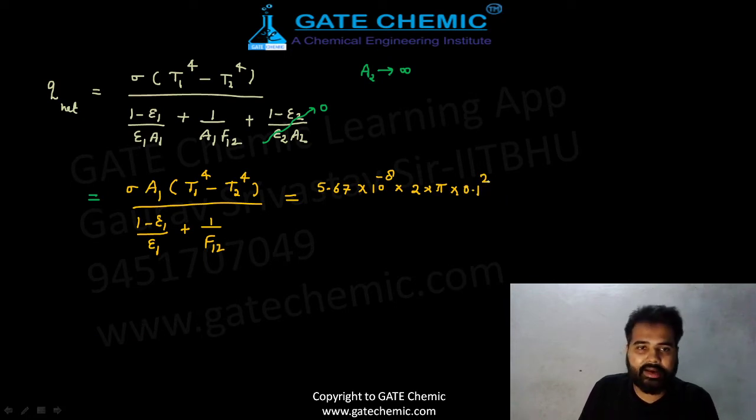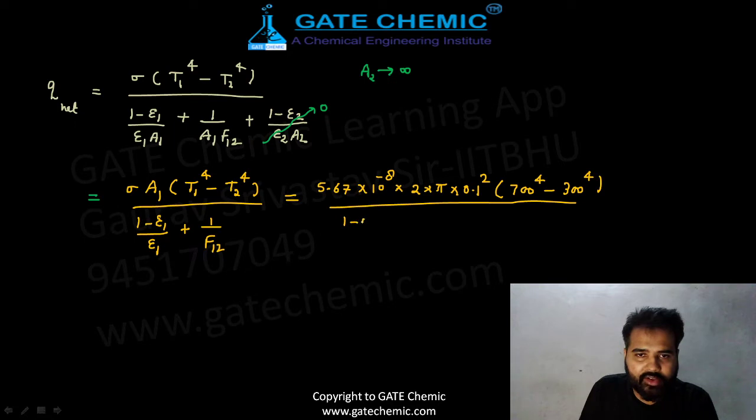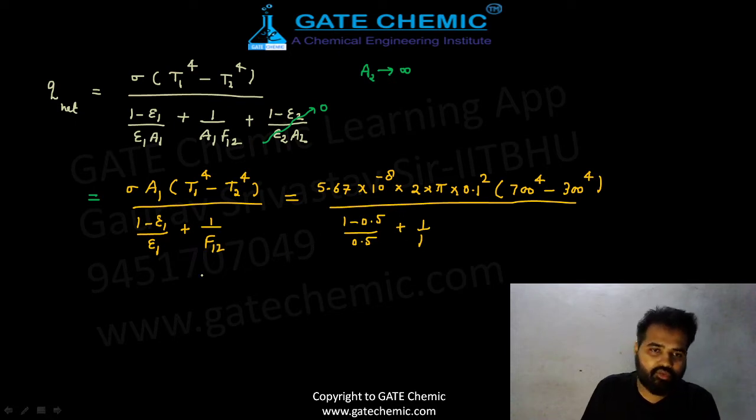So 2 pi r square, and T1, that was 700 to the power 4 minus 300 to the power 4, and whole divided by, here you can see, beta, 1 minus 0.5. Epsilon is also given in our problem, and F12 is 1 here in this case.